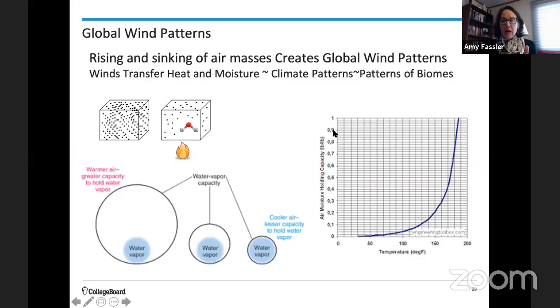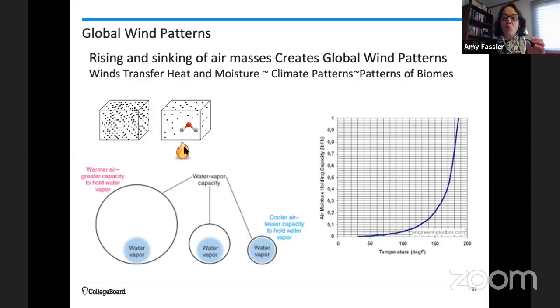The warmer the air mass is, the more moisture it can hold. So at the surface, when that air mass is really warm, it can hold a lot of moisture, but as it rises and becomes more dense, it can't hold as much water vapor, and that falls as precipitation.